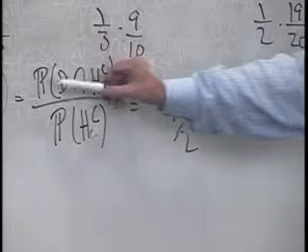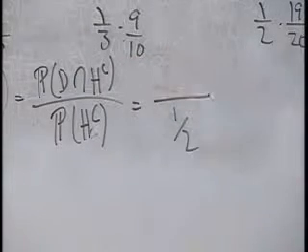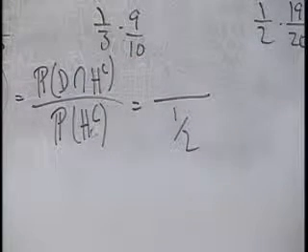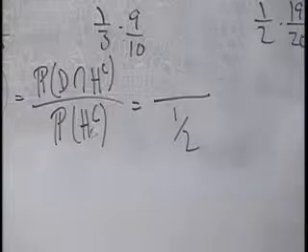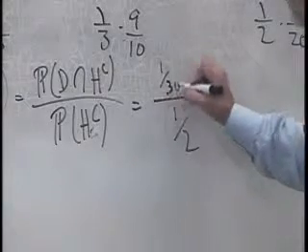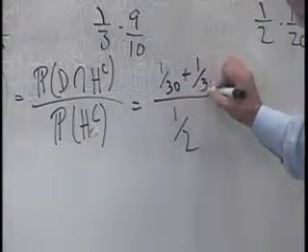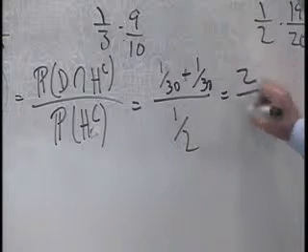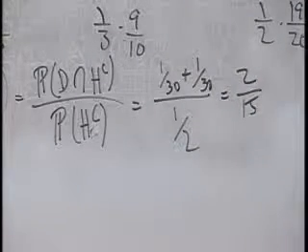What's the numerator? What do we have to add together to get the probability of this event? Well, we could have a Farad lemon or we could have a Gilbert lemon, right? So it's 1/30 plus 1/30 or 2/15.